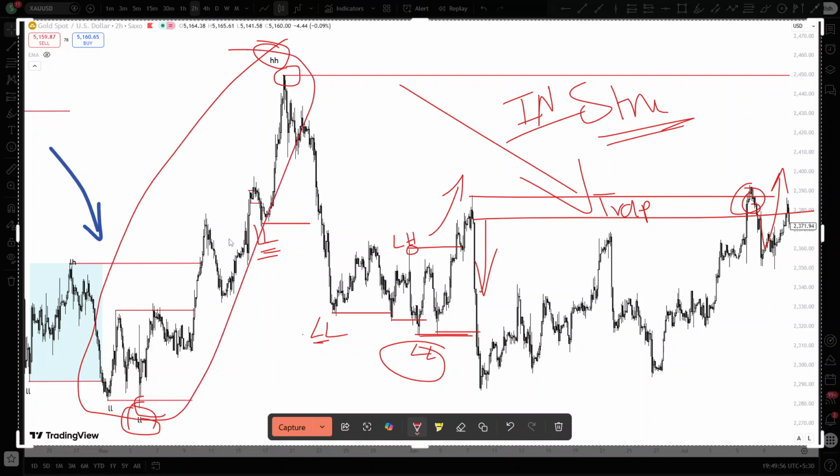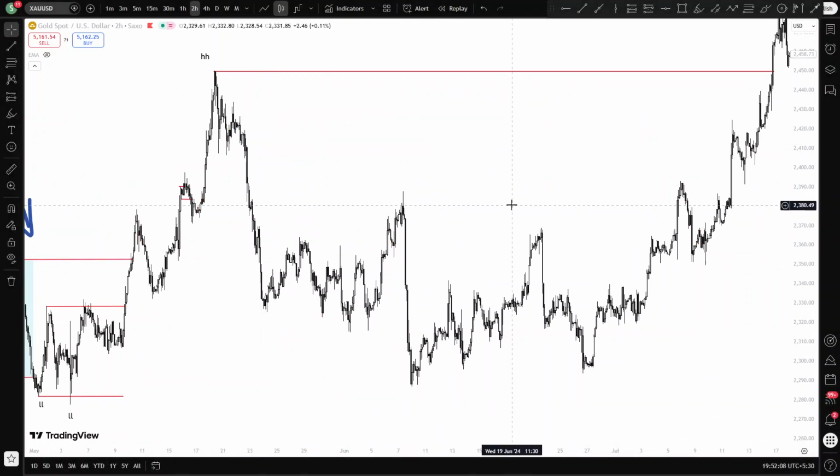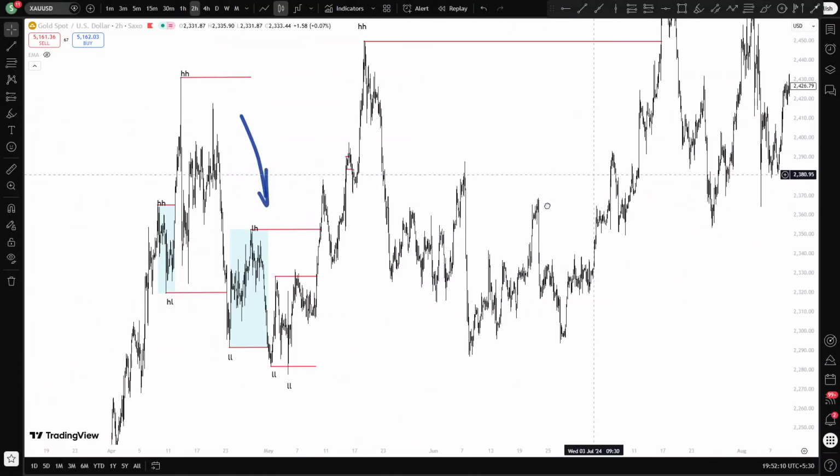I'm saying this because of the Fibonacci retracement: the market did not give us a pullback to the 50% of the Fib, and at this particular point it did not give us our strong high, which shows that the market is going to push to the downside.